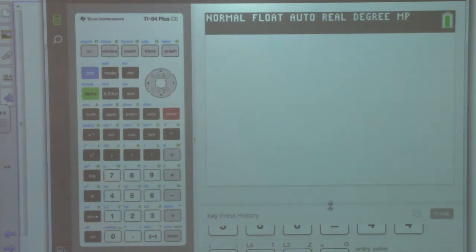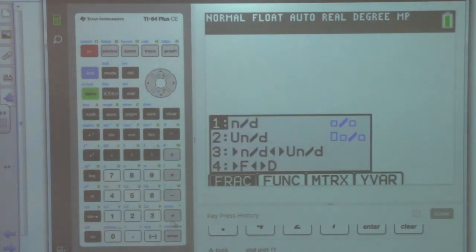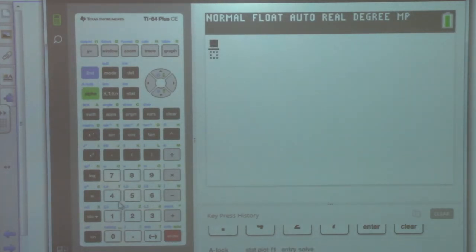Now, one thing in 5th period, if you look at 5, you have 7 over, I think it's sine 48 degrees, and then that's over sine 23 degrees, is that it?